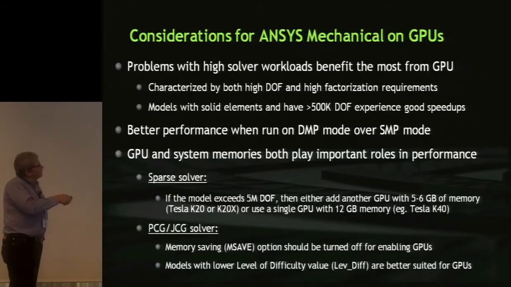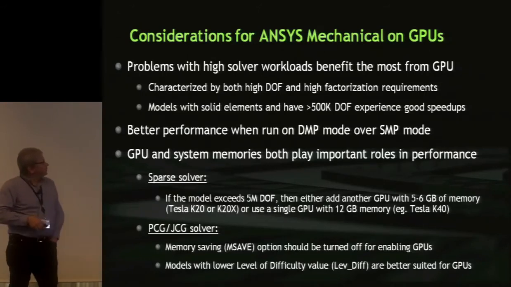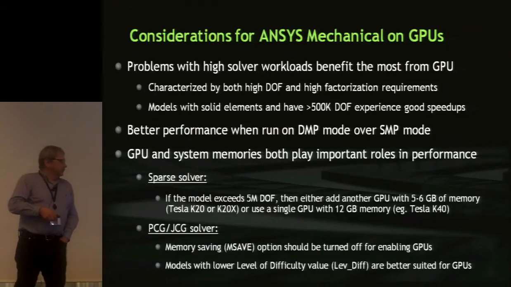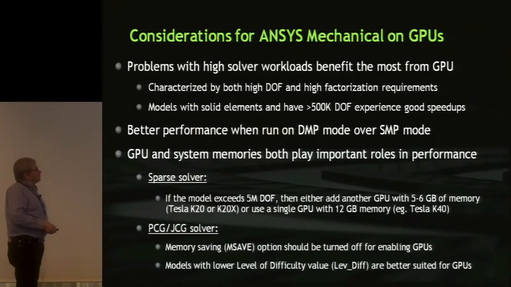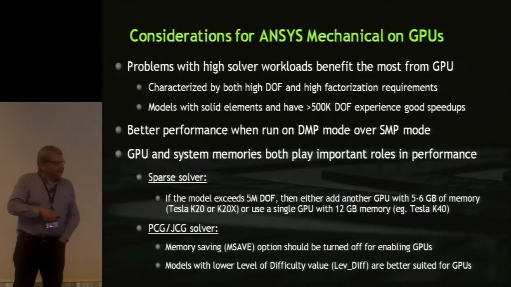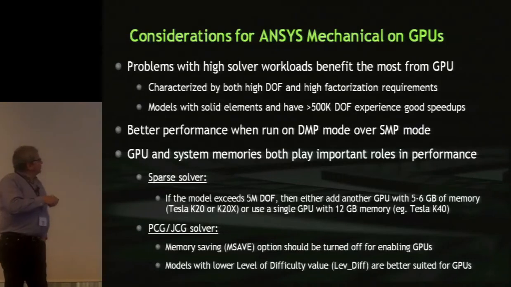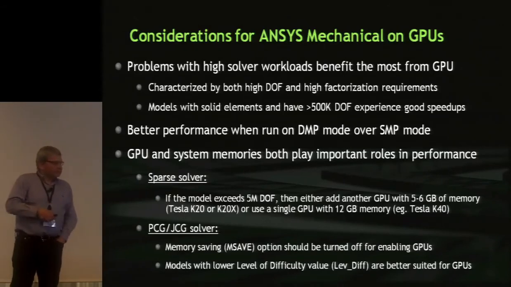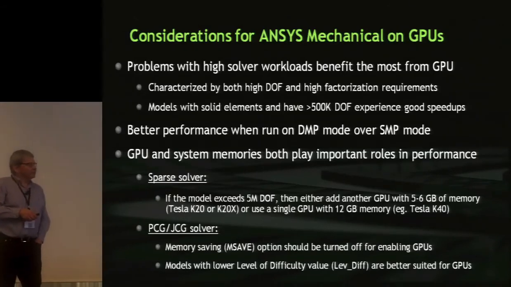Models with 500K degrees of freedom show very good speedups in our benchmarks, and you get better performance when run in the DMP mode instead of the SMP mode. For the different solvers, the memory, both on the system side and also on the GPU side, plays an important role.